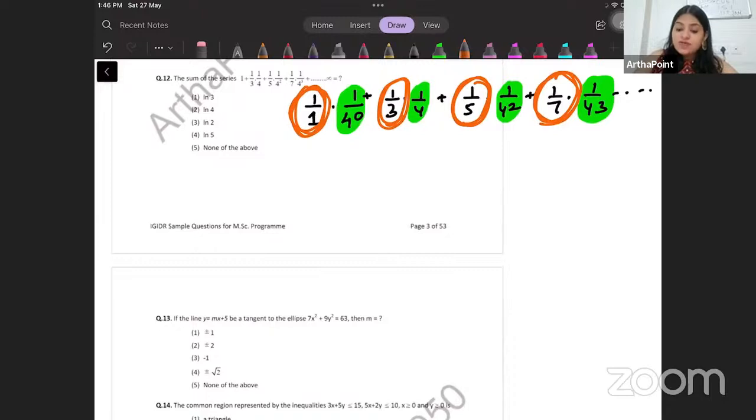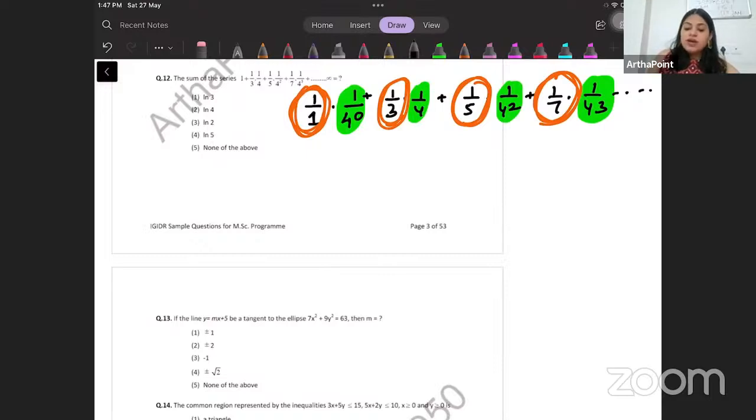Just for your hint, can you think of a way in which you can segregate the AP part from the GP part? If you can do that, then the question can be solved. Okay, let me give you more hint.